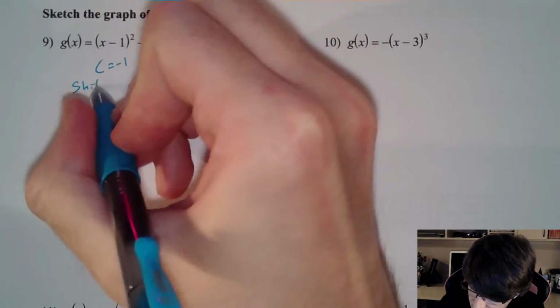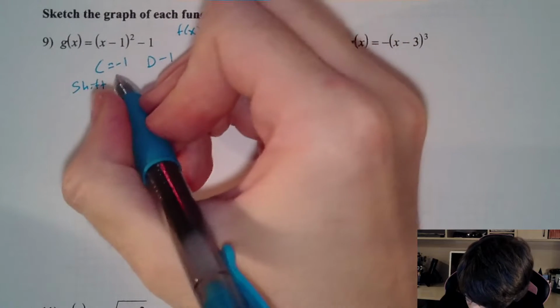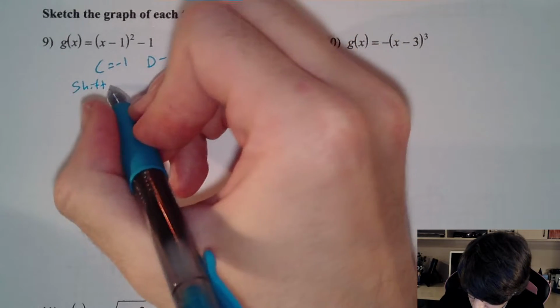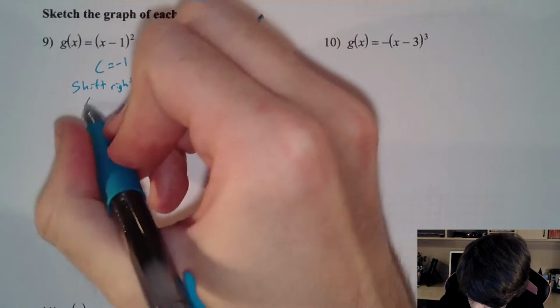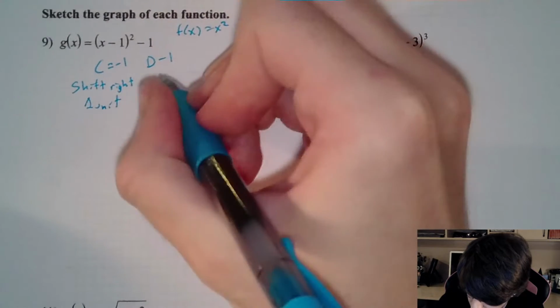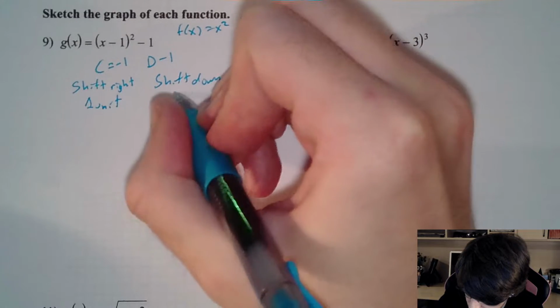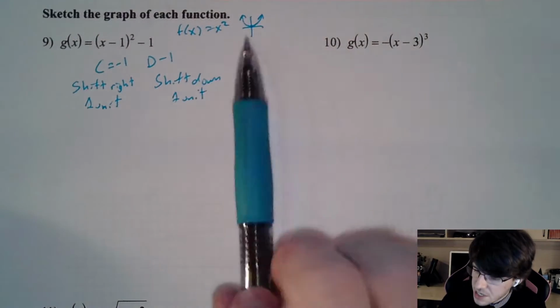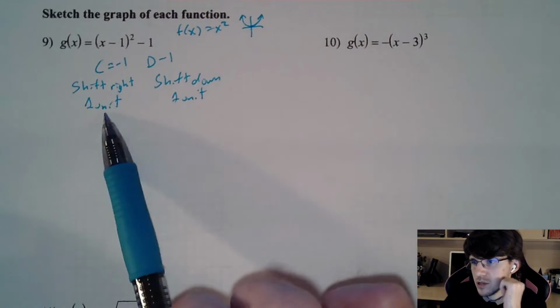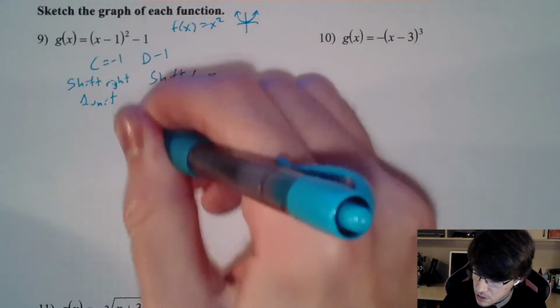This is a shift to the right 1 unit, and this is a shift down 1 unit. So you need to take this graph and shift it to the right 1 and down 1.